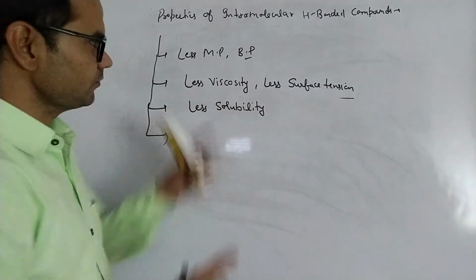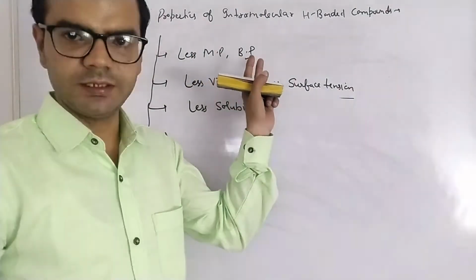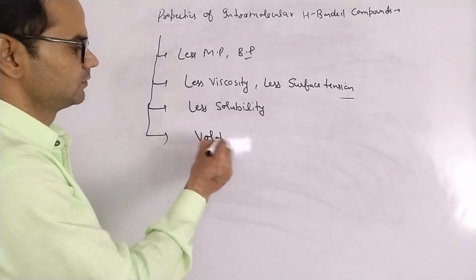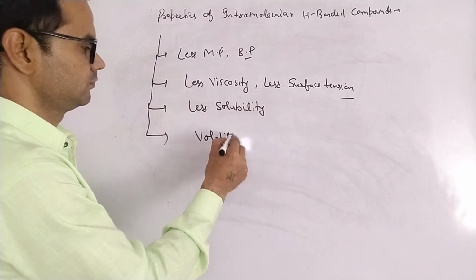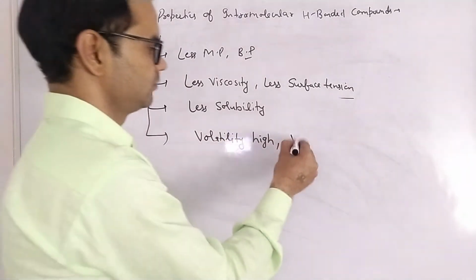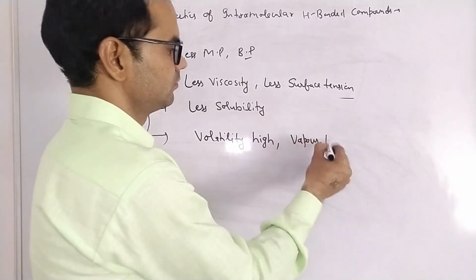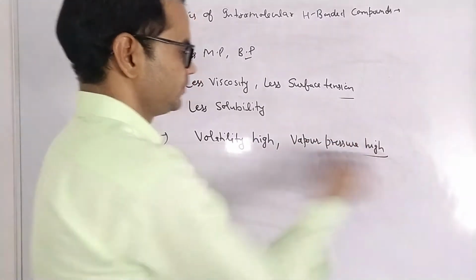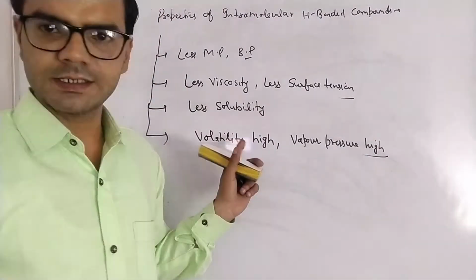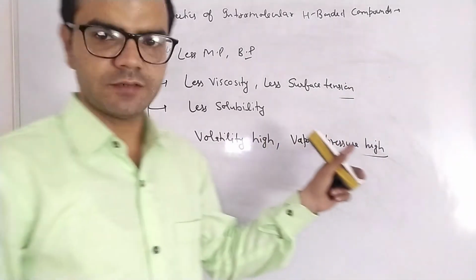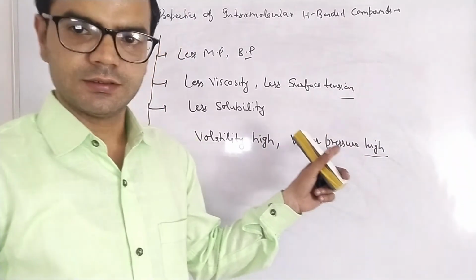If they have less boiling point, it means they are more volatile in nature. Volatile nature is high, so they will form more vapors and the vapor pressure will be high, right?